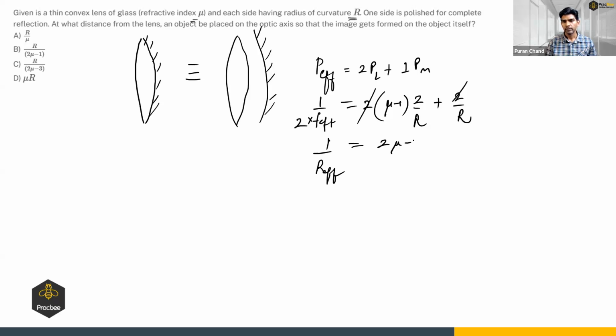So (2 mu minus 2 plus 1) divided by r, so that will be (2 mu minus 1) by r. Right? So it should be r by (2 mu minus 1), right? Clear? I hope this is clear.